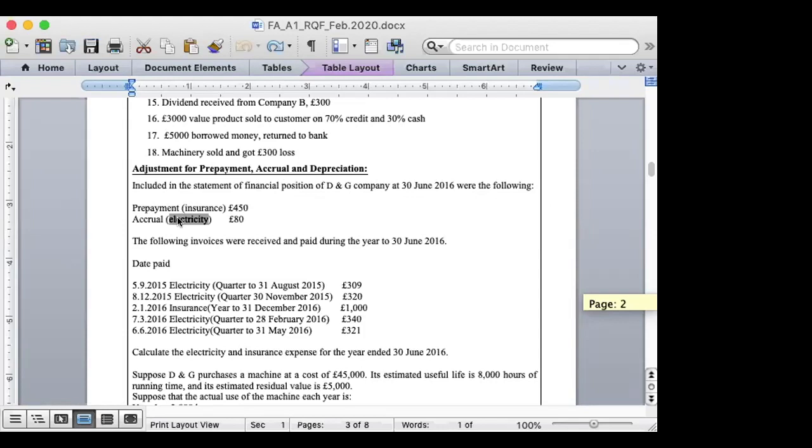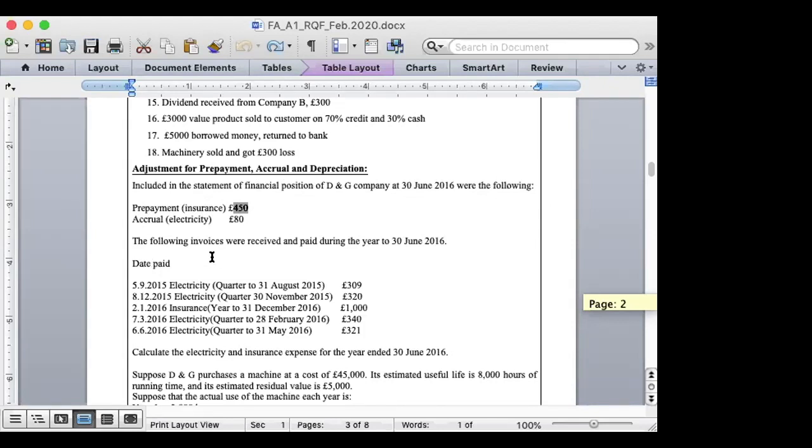We have two items: one is prepayments and another one is outstanding. So prepaid insurance was 450 and accrual, which is electricity, was 80 pounds.